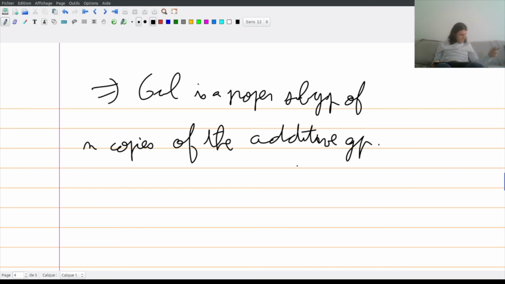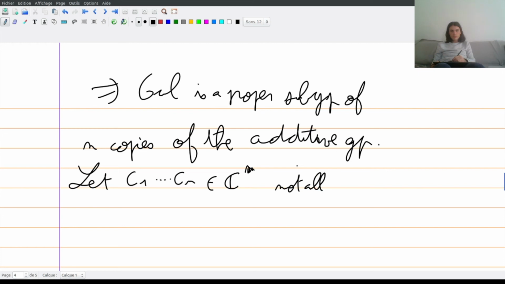Okay, so now I use the lemma, the parameter, so that the Ci are complex numbers, not zero, as in the lemma.